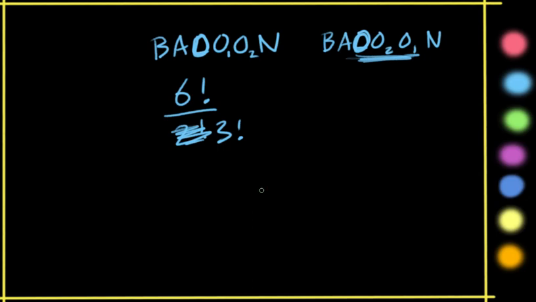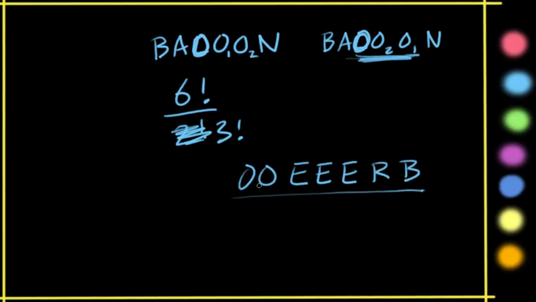Let's say you had a word that had two O's and 3 E's, and then some other letters, like an R and a B. Altogether, the number of letters is 1, 2, 3, 4, 5, 6, 7.